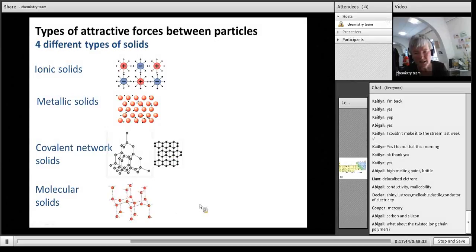Molecular, our representation of that, or our model of that, is we have individual molecules having weak forces of attraction between them. So notice we just use dotted lines to show that those attractions are quite weak compared to a solid line that we do in between the carbon atoms.